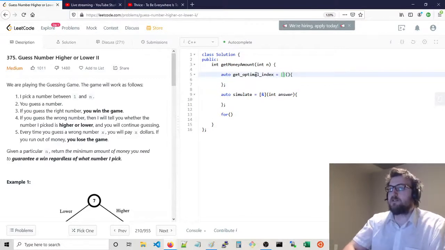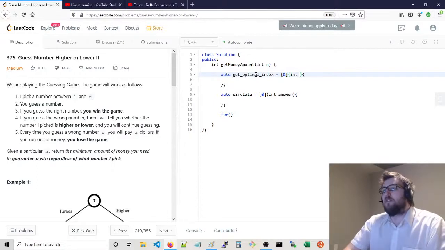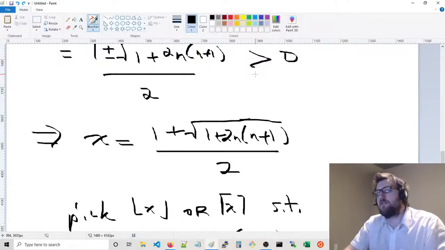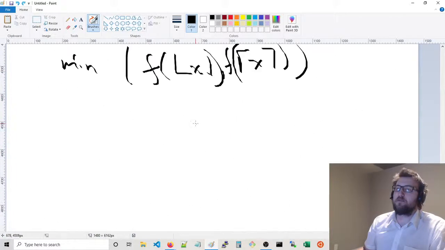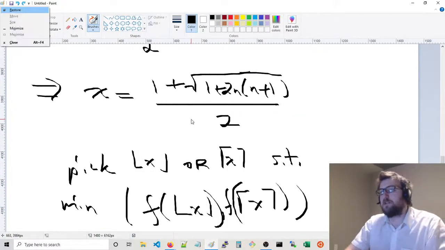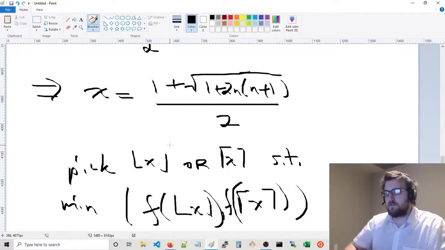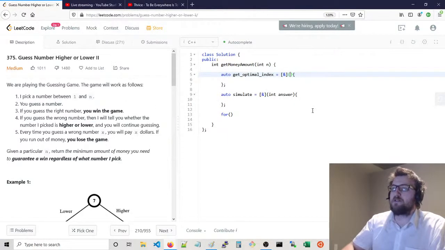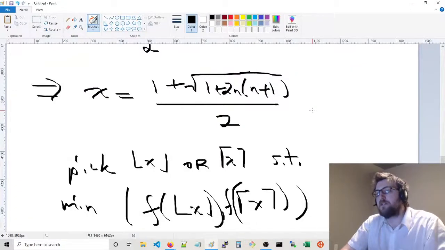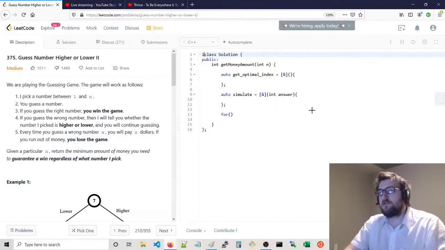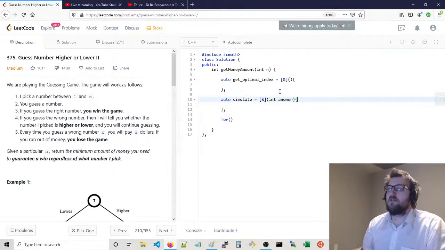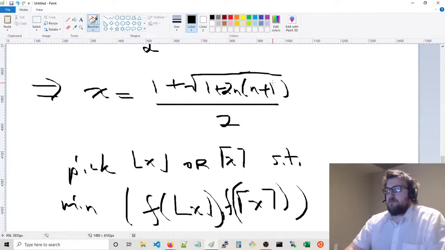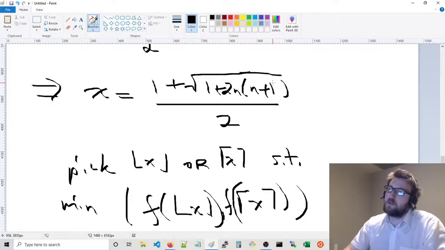And we'll have n. We just need n, we don't really need anything else for that. This is really just a helper function.